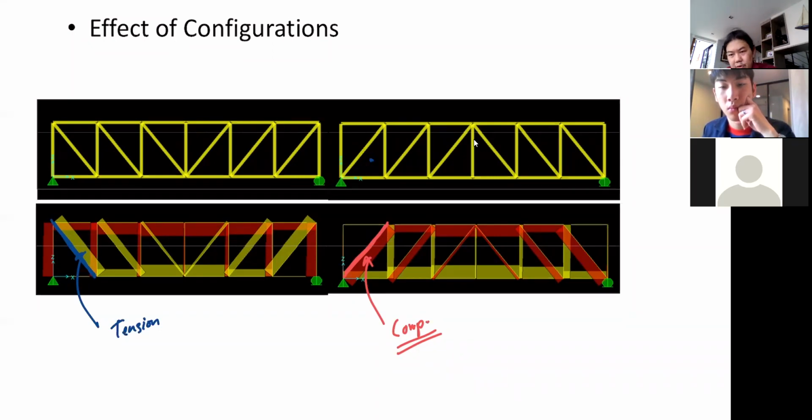And so you see that the configuration on the left here should be much preferable to the one on the right, because the one on the right puts the longer member under compression. The diagonal and vertical webs will take care of the shear, and the maximum shear is around here at the support, right?